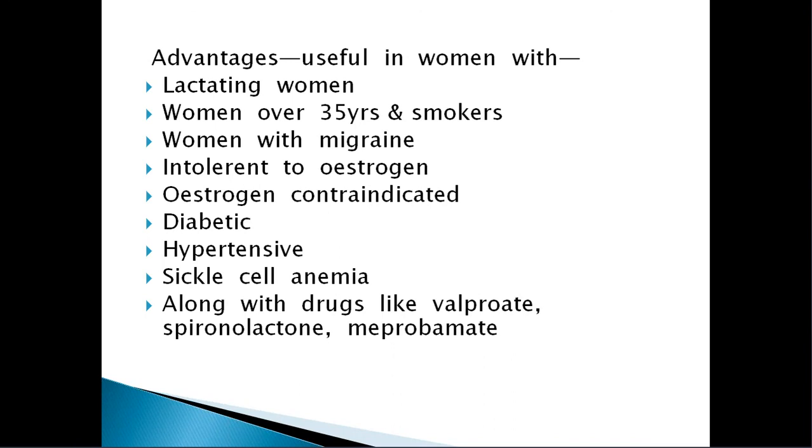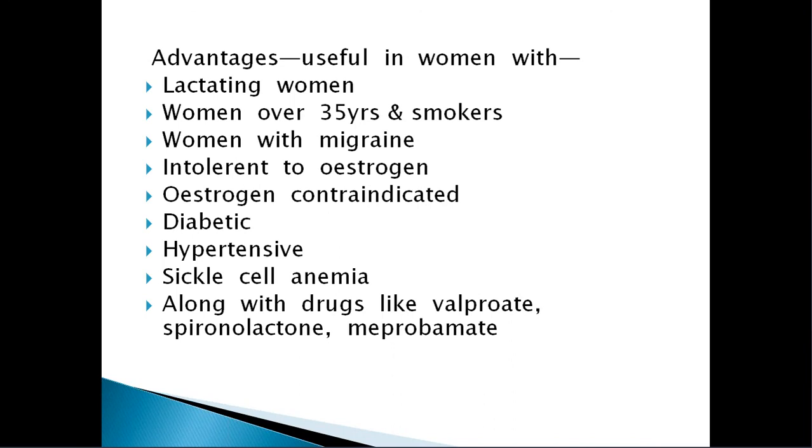Now, what are the advantages of giving pills which contain only progesterone? They are useful in women with lactation. I told you that combined OC pills reduce lactation. How? By affecting the pituitary secretion of prolactin.